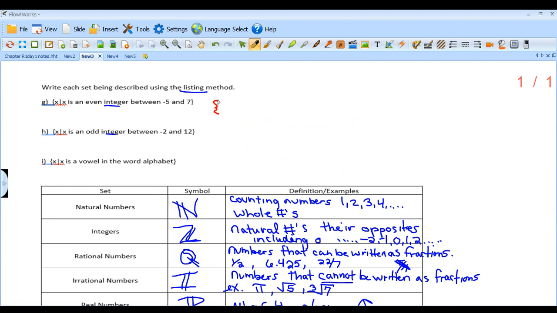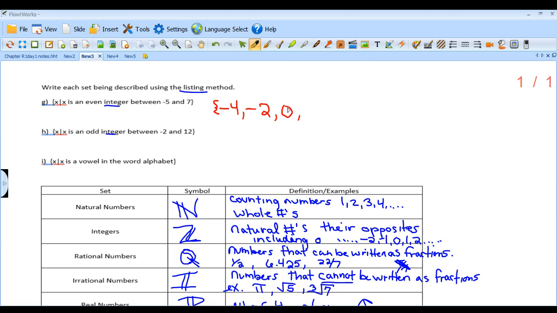So since I'm using the listing method, I know I need my braces. Integers between -5 and 7. That's an even number. Well, -5, we need to start increasing our value. So -4 would be an even integer. The next even integer would be -2. -1 is not an even number, it's odd. 0 is an even number.